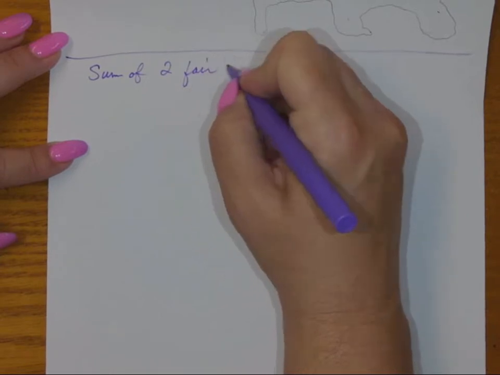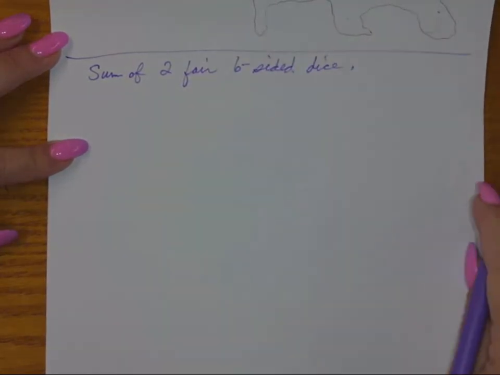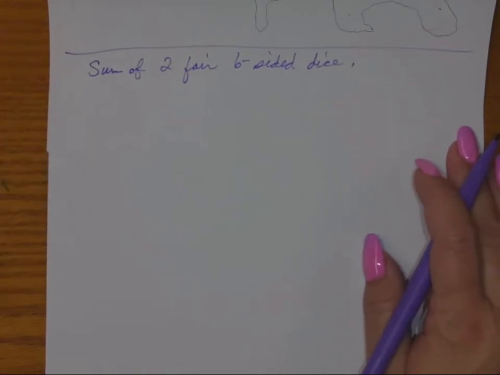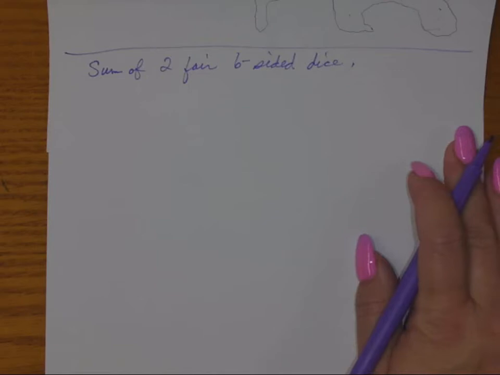Two fair six-sided dice. Okay, this would happen at the craps game, right? Where you might want to hit a 7, or you might want to hit an 11, or you might not want to hit snake eyes, which is a 1 and a 1, right? That kind of thing.